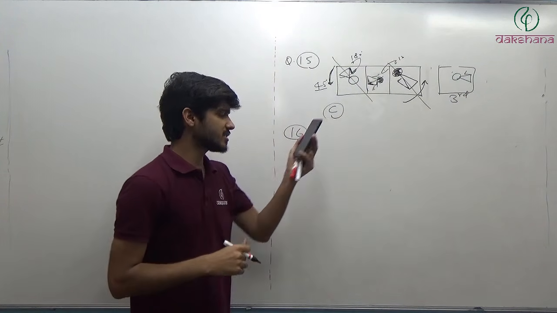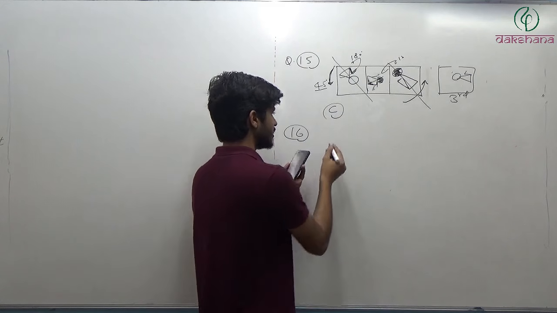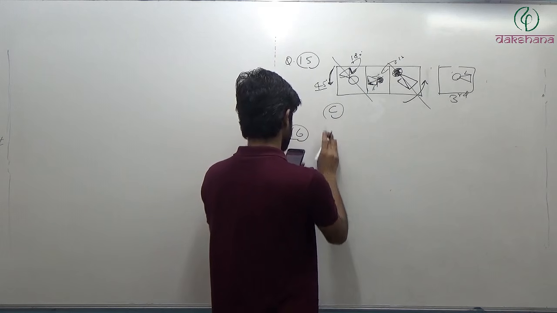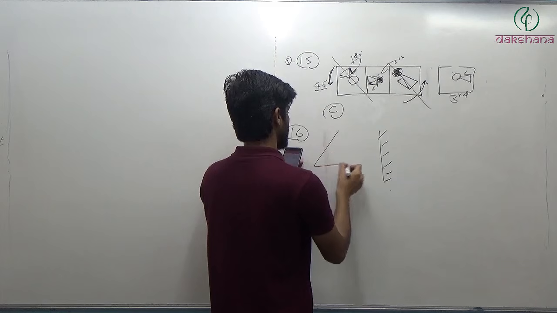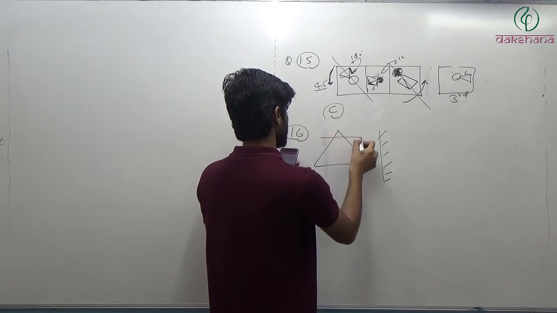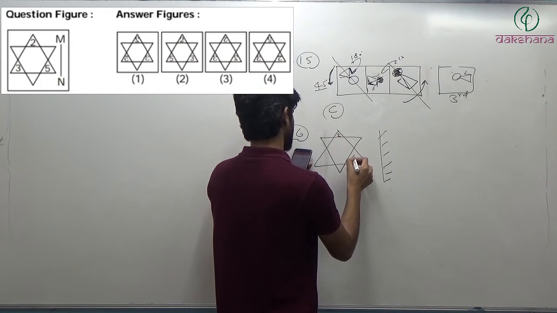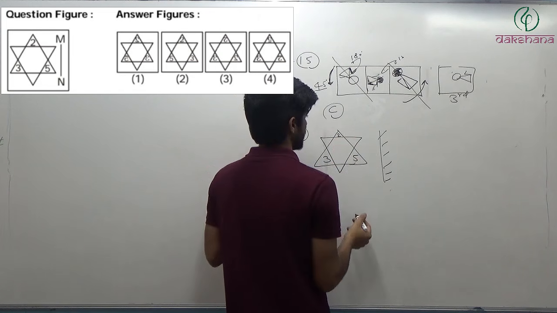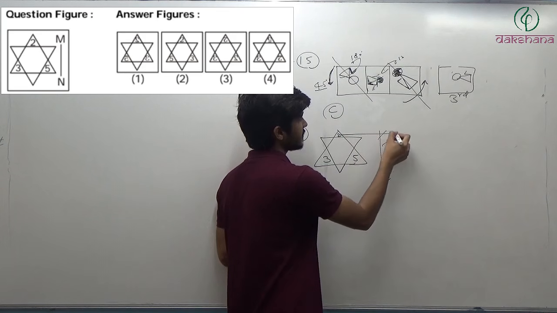Question number 16. This was easy, guys. I don't really want to put much effort into it. We have to find the right image. There is a mirror, and you have two triangles this way. Here you have 2, you have 5, you have 3. Very easy. When it comes to the mirror, basically you have the same thing at a similar distance.